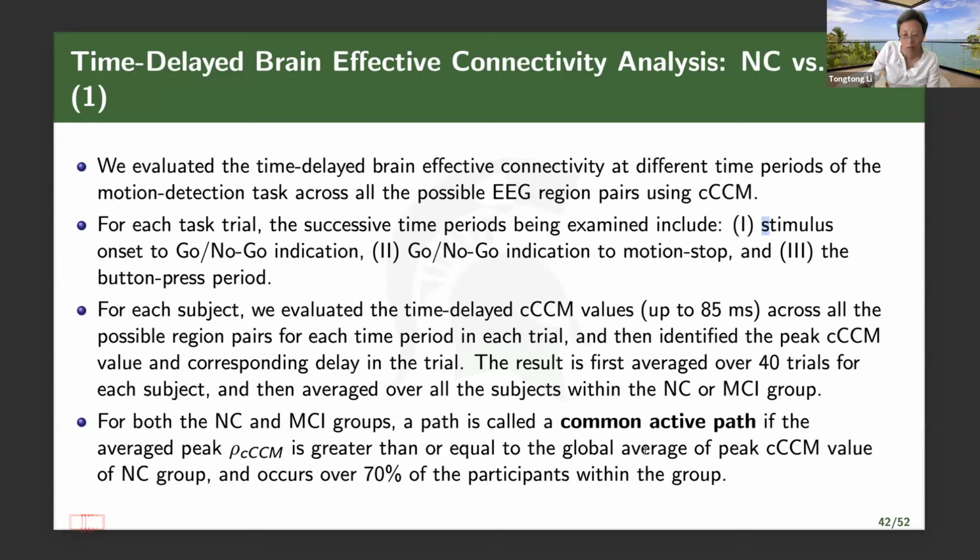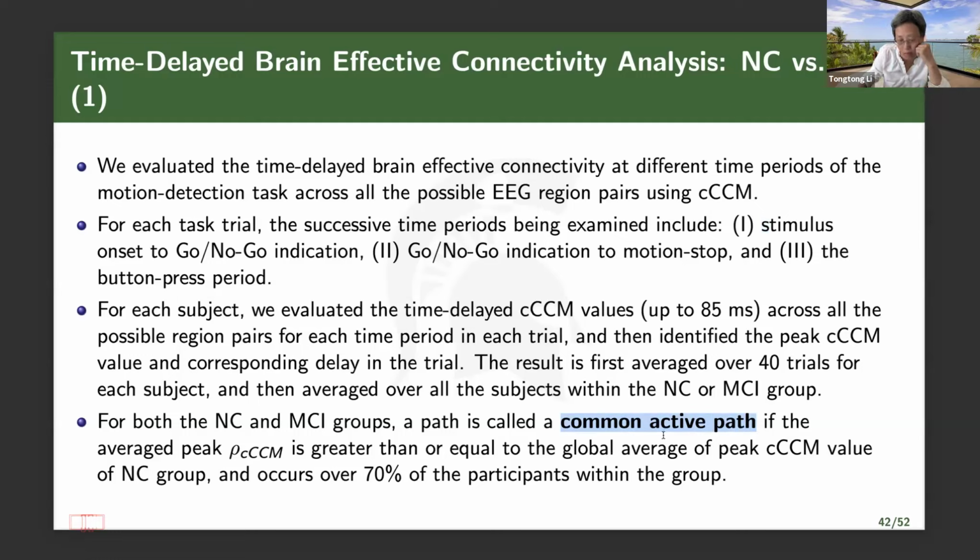For every trial, we average the result for each subject across the trials, and then average the result again across all the participants. And we try to identify the active path. So which path is active during a particular period in the task.